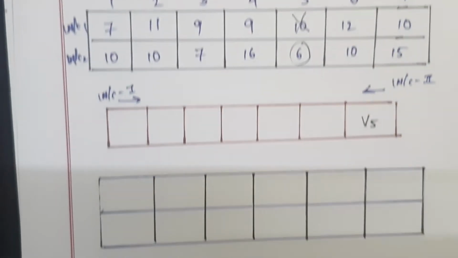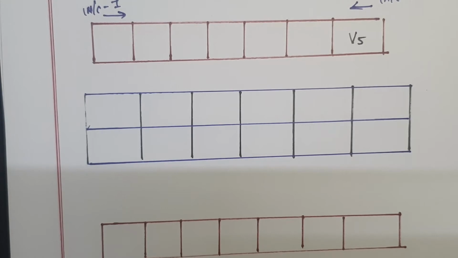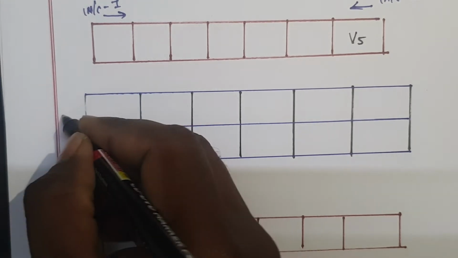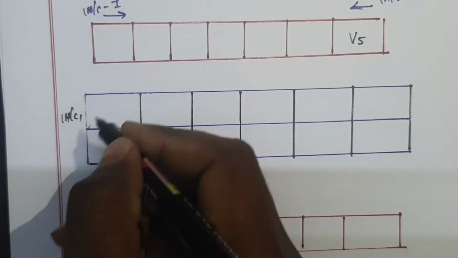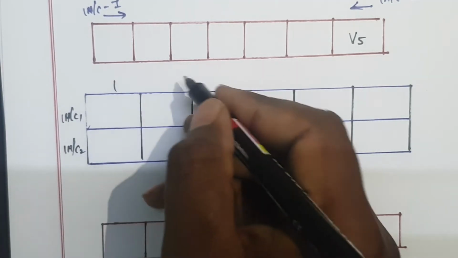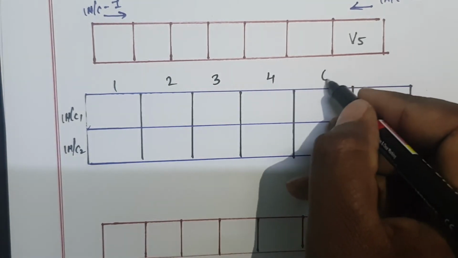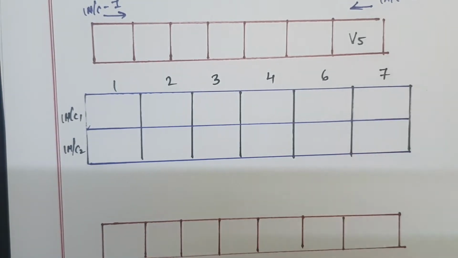After that again you have to create a box like this, okay? Again you create the box, and whatever the remaining numbers are, you write them down. This one is WC1 and this one is WC2, and here 1, this is 2, this one is 3, this one is 4, this one is 6, this one is 7. 5 will vanish, okay? 5 is eliminated.